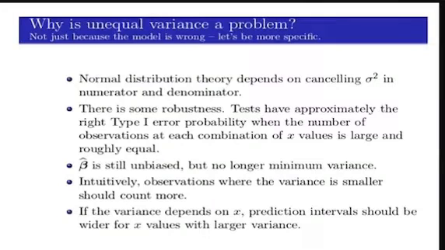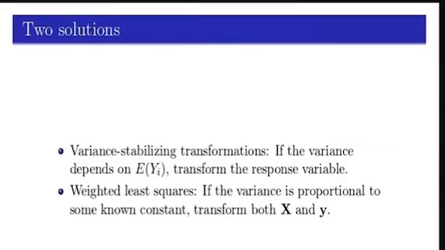Statistics is like a story. Now we have acknowledged the fact that there's a problem, right? Then how do we fix it? We have two ways to fix the situation where the assumption of constant variance does not hold anymore.